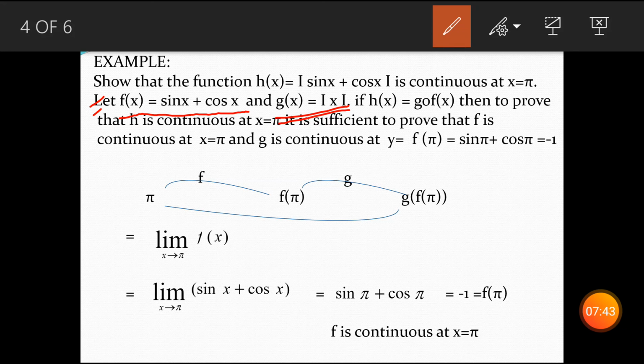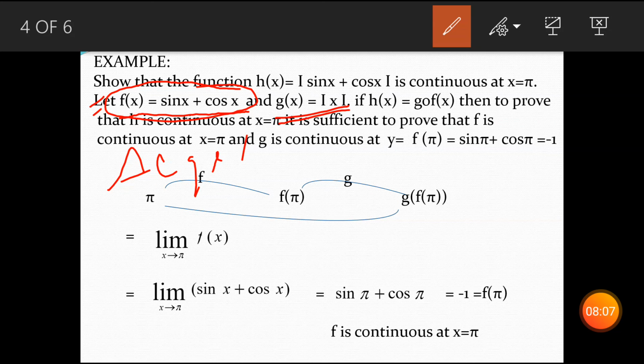Now directly I can tell you that in 11th standard you have studied that all the polynomial functions as well as sin x and cos x are continuous at each and every point. So sin x and cos x both are continuous functions, and in the last video I told you about the algebra of continuity.